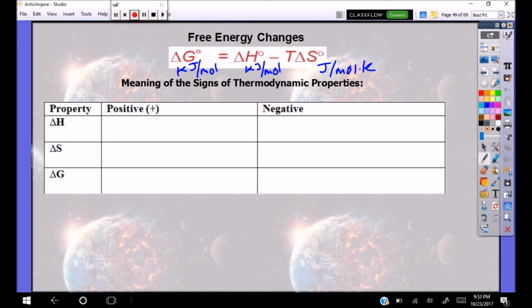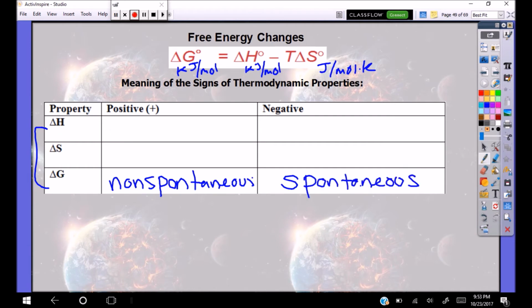All right. Now the nice thing is that delta G and delta H always mean the same thing. A positive delta G is non-spontaneous, and a negative delta G is spontaneous.